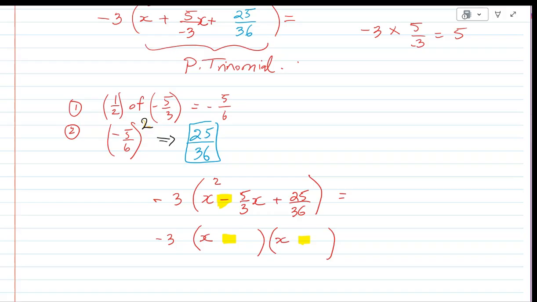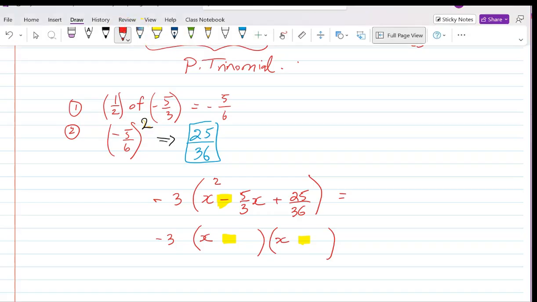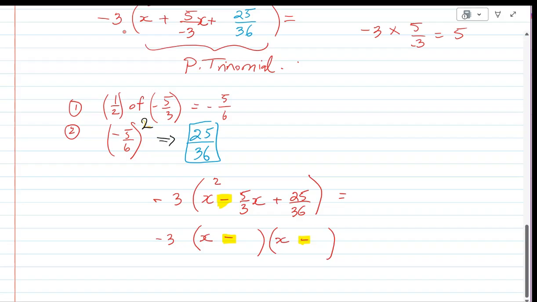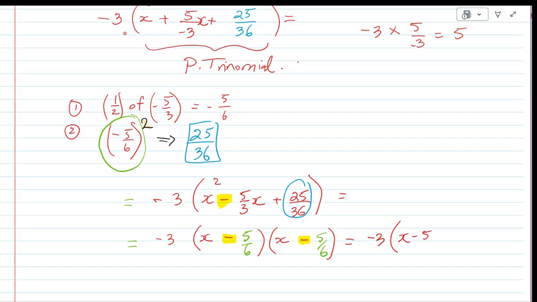So let's put a negative for both sides, and then you take the square root of that 25 over 36, or you use just that 5 over 6, but without the negative, because I already included the negative there. So you put 5 over 6 in here and 5 over 6 in there. And then you rewrite. What do you have? -3 outside, (x - 5/6) all squared.